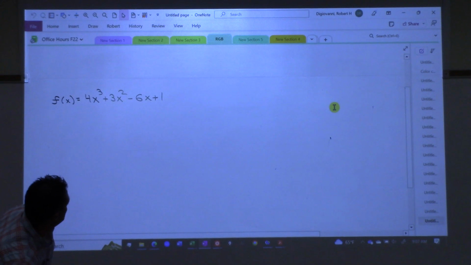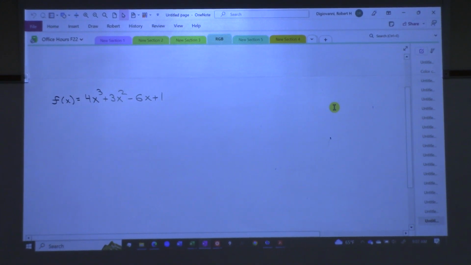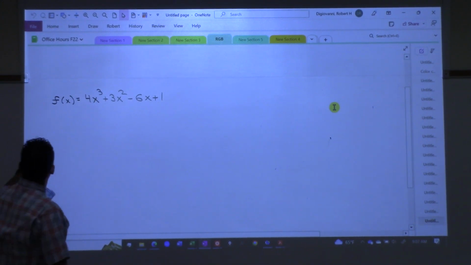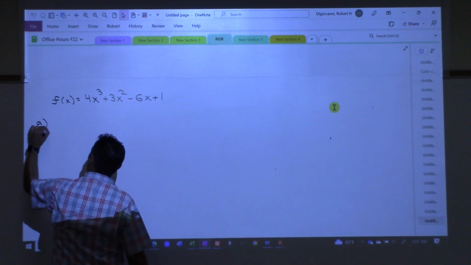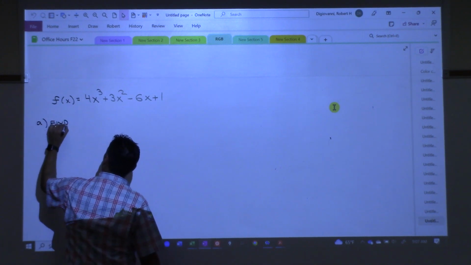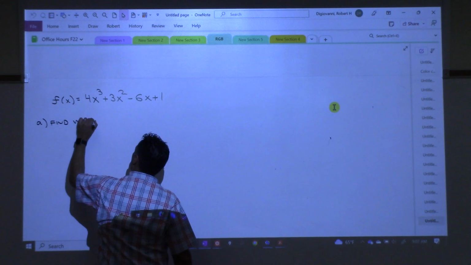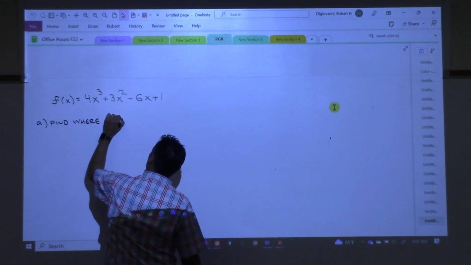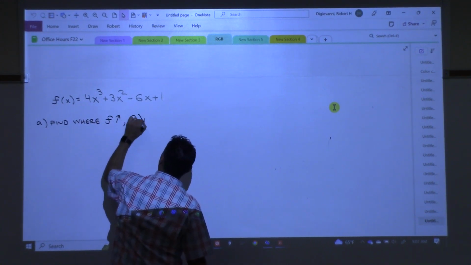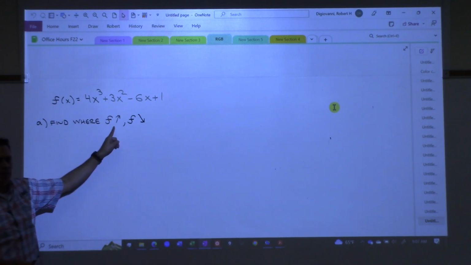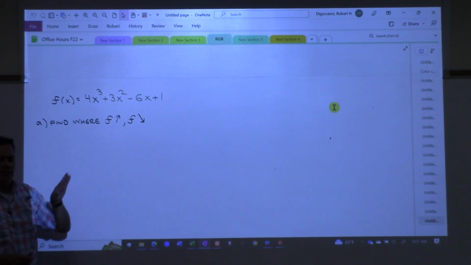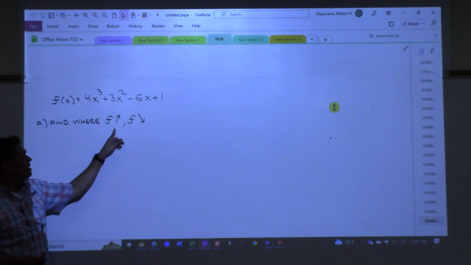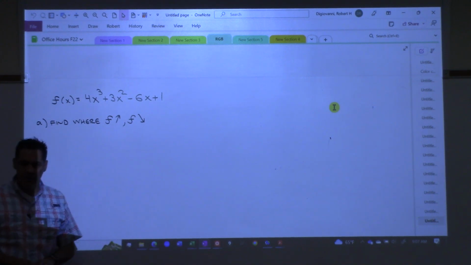And what we want to do, there's going to be a list of things I want you to do here, all right? The first thing I want us to do, part A, is find where this function goes up and then where it goes down. We used that notation last time. Remember I used a little arrow there to say, hey, tell me where this function increases, tell me where this function decreases, all right?